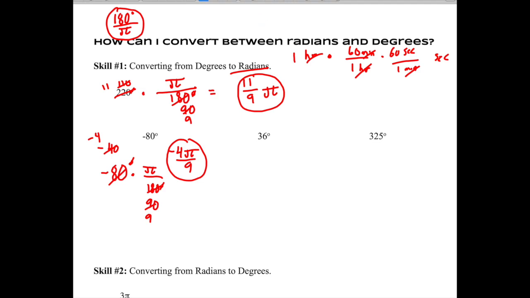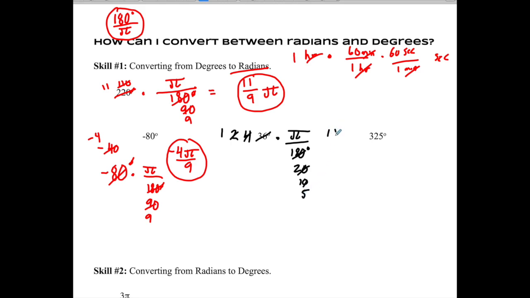Okay, so here again, you want to multiply by pi over 180. Here they're divisible by 9. This is 4, this is 20. This is 2, this is 10. This is 1, this is 5.